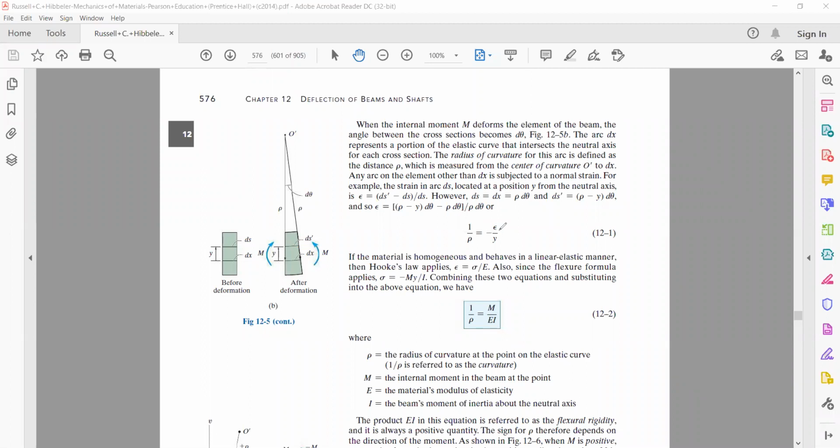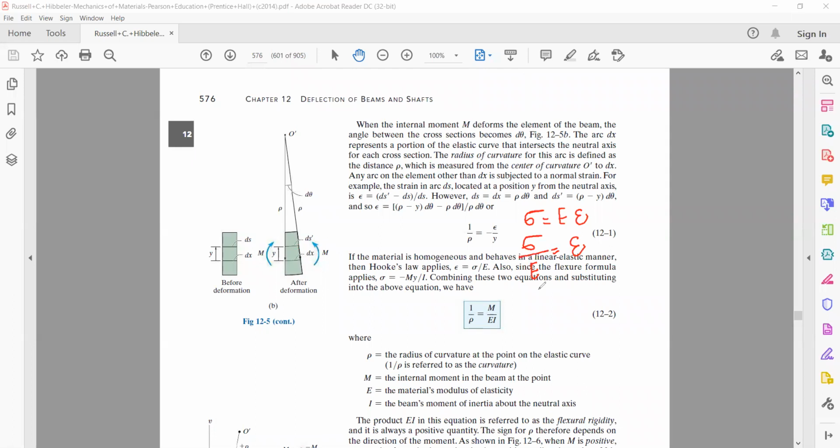Fine. So as far as strain is concerned, this is something very important. How do we define the strain? If the material behaves linearly, if it's a linear elastic material, it follows Hooke's law. Then we know stress is equal to Young's modulus times the strain, and we can therefore write stress divided by Young's modulus is equal to the strain.